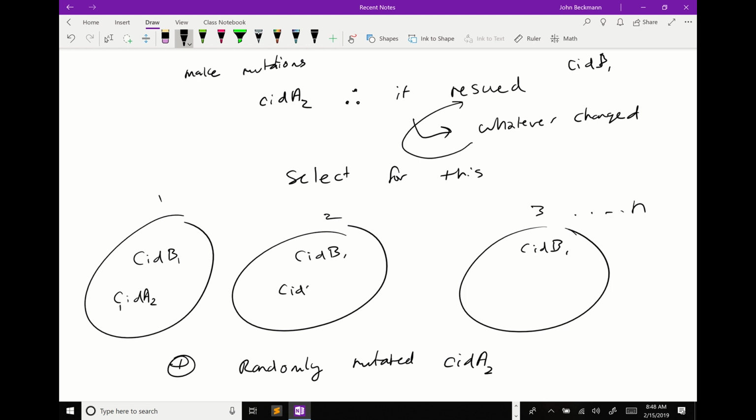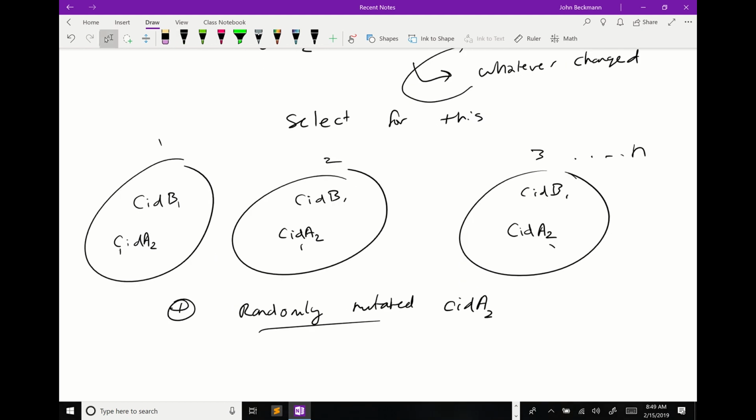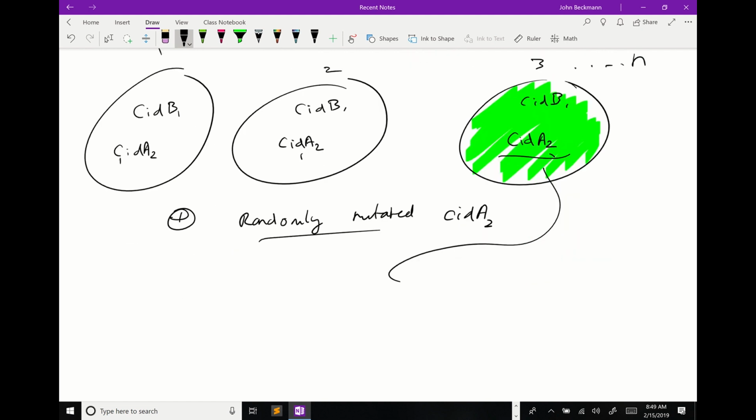This is SID-A2 with a mutation here. This is SID-A2 with a mutation here. Different mutations that are randomly mutated. One of these might survive, right? Let's say this one survives. That one's going to grow on the plate, and then all I need to do is sequence whatever was mutated in SID-A to figure out what changed.